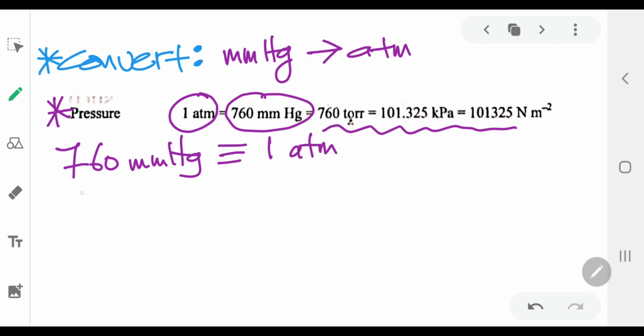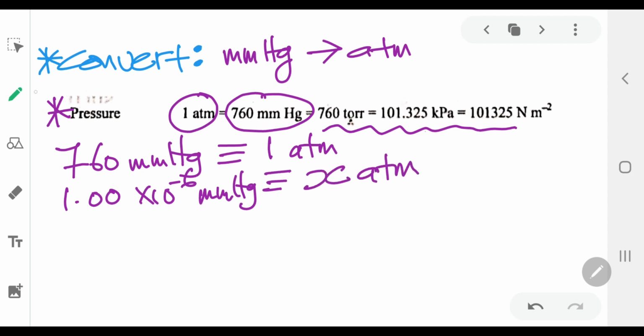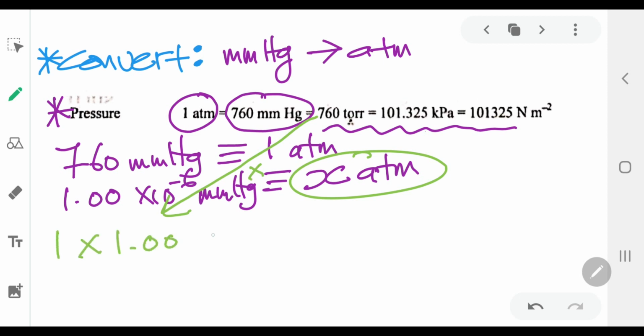And the question gives 1.00 times 10 negative 6 millimeter mercury, and we need to find out what is that value. So what do we need to do? If you want to find this, you're going to do cross multiplication. When you go that direction, that is times. So you have 1 times 1.00 times 10 negative 6.